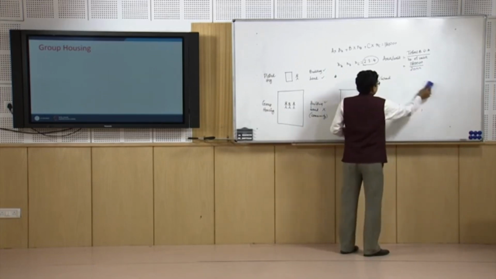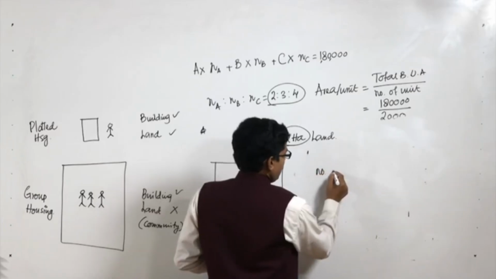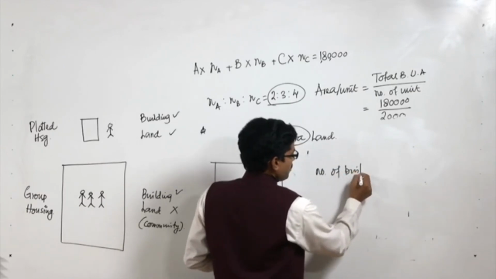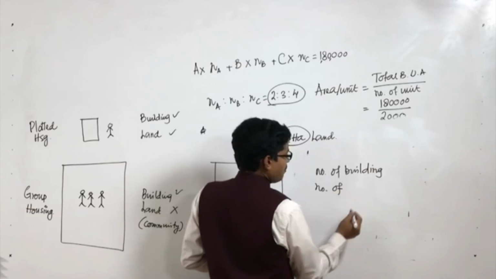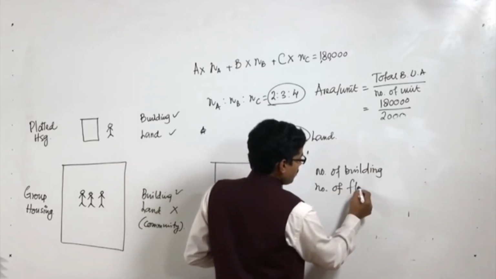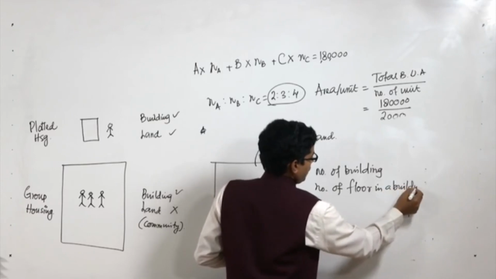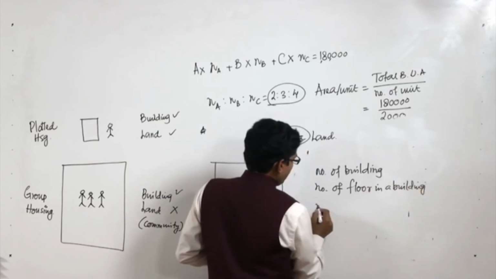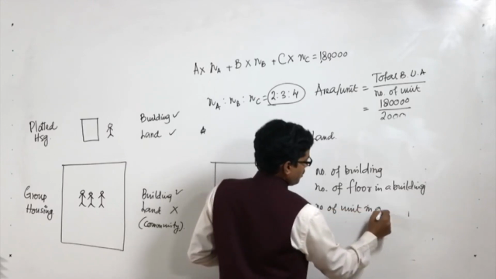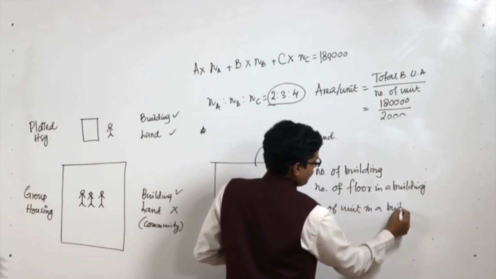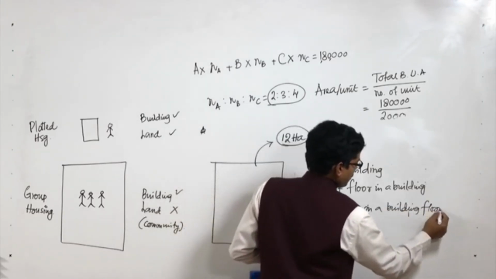So, your decision on the number of buildings, number of floors in a building, and the number of units in a building floor.